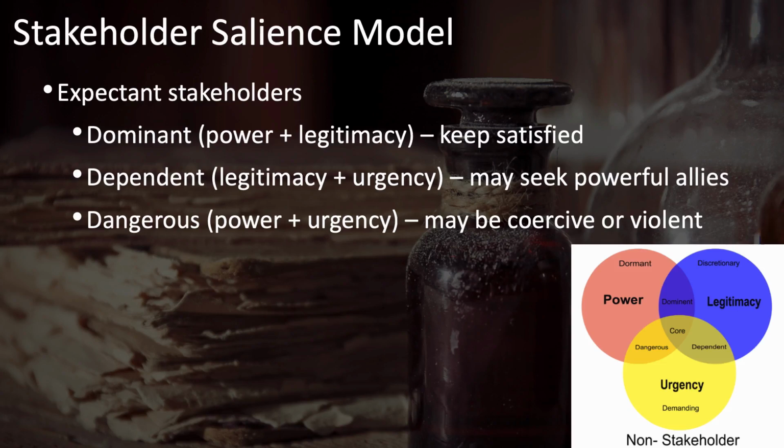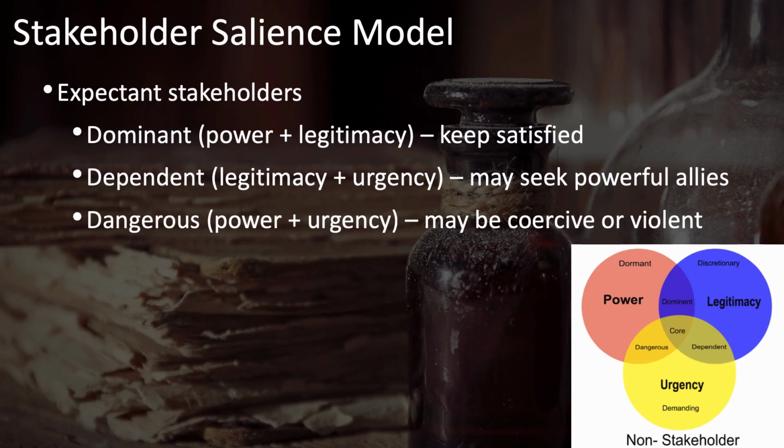Next, we have dependent stakeholders who have legitimacy and urgency, but no power. These are people that you need to keep an eye on because they may seek powerful allies and together can be a powerful force in impacting your project. An example of a dependent stakeholder would be a group of people affected by, say, an oil spill or some other environmental impact.